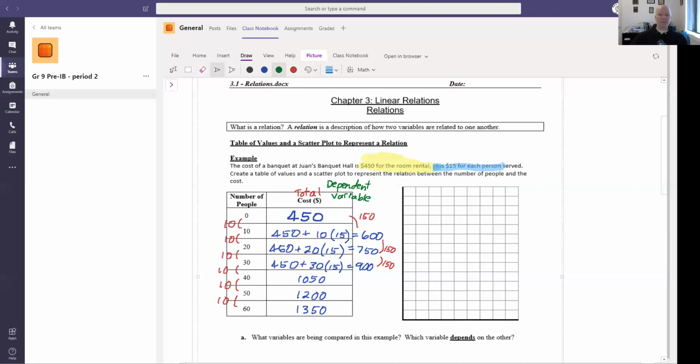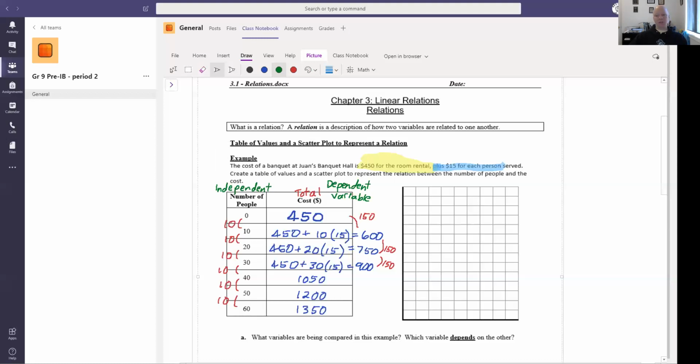So the dependent variable is the total cost, and it depends on the number of people that attend. So we're going to call this then the independent variable, because independent of the total cost, these are the number of people that are going to attend. And then the total cost will depend on the number of people that attend.